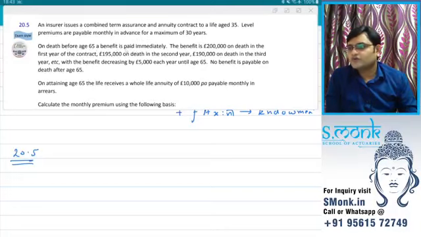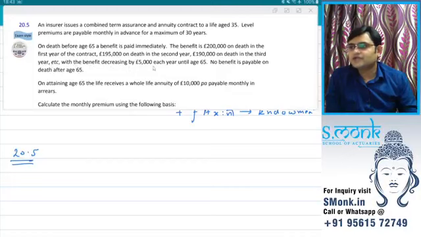On death before 65, a benefit is paid immediately. The benefit is 200,000 on death in the first year of the contract, 195,000 on death in the second year, and so on. So we have a decreasing benefit. This is not a bonus, this is a decreasing benefit.